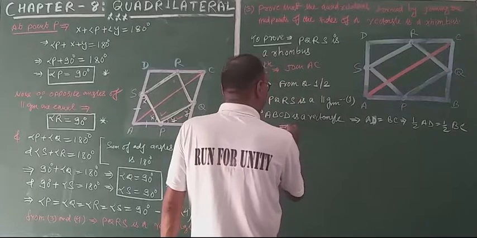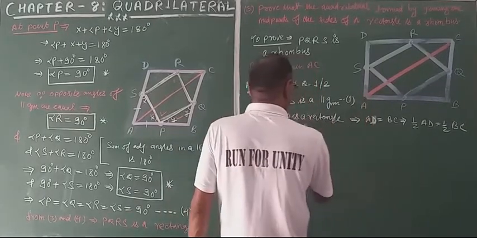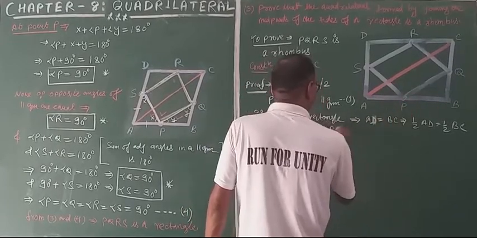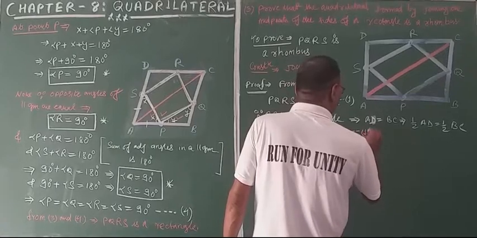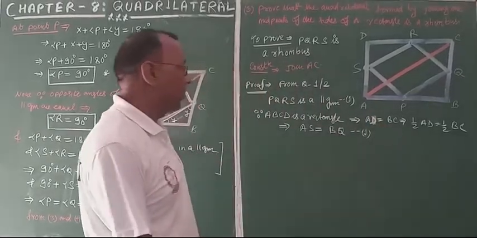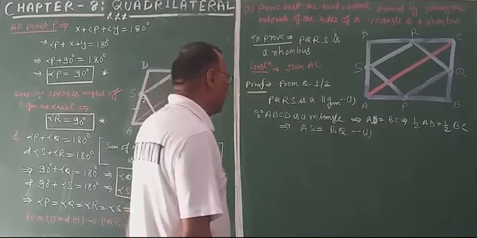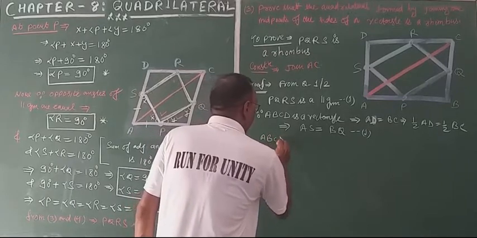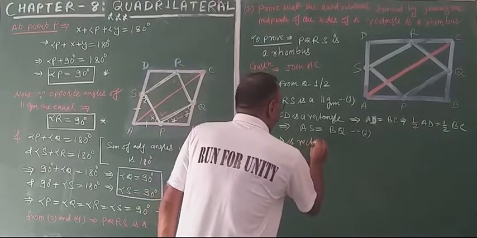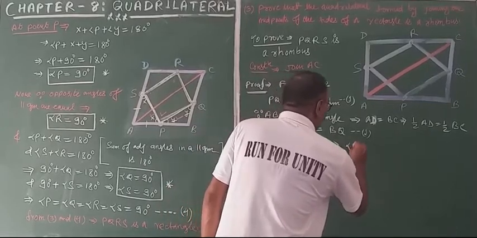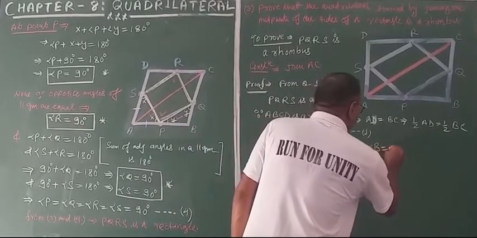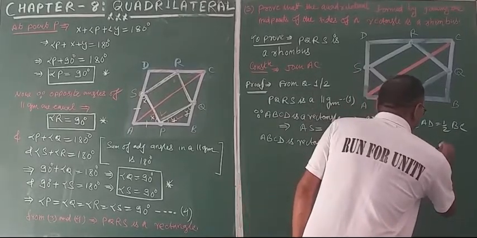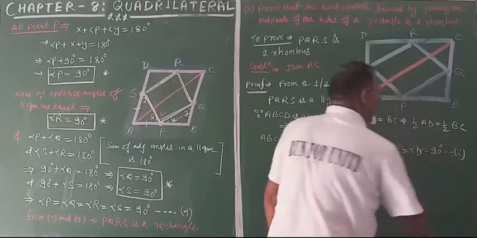Half of AD means, just look here, AS. AS is equal to BQ. This is equation number 1. Again, ABCD is a rectangle. It means all its angles will be 90 degree. Therefore, angle A will be equal to angle B, equal to angle C, equal to angle D, equal to 90. Okay. This is equation number 2.